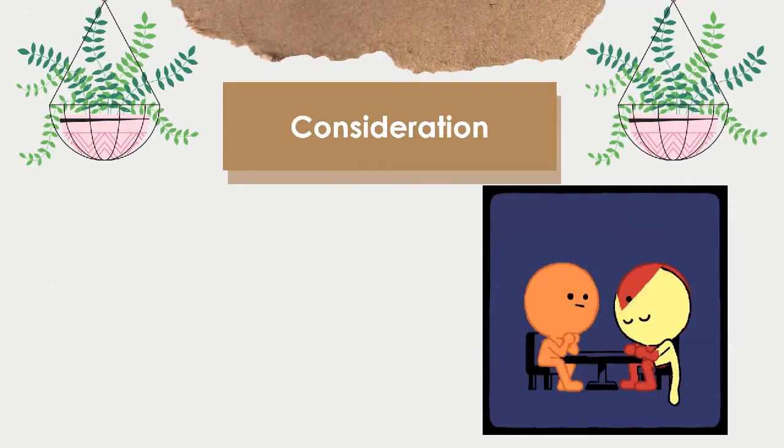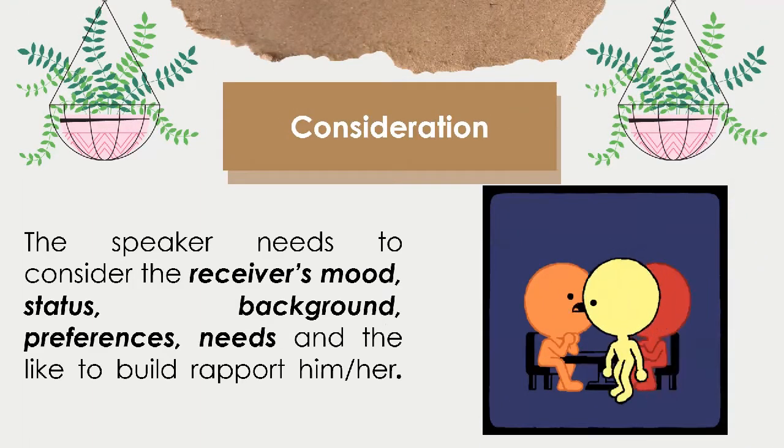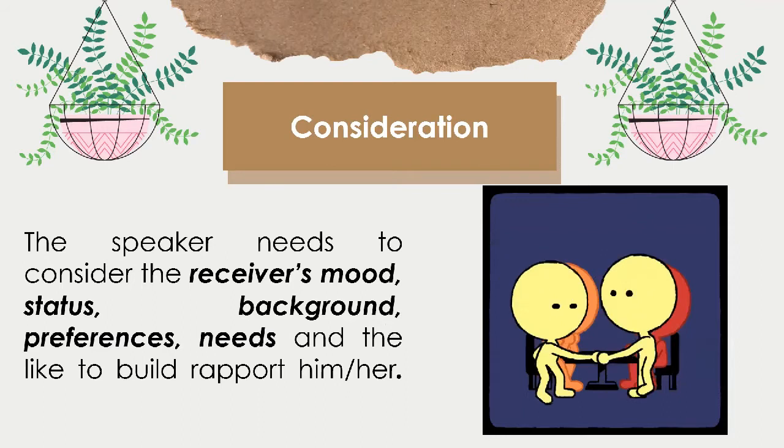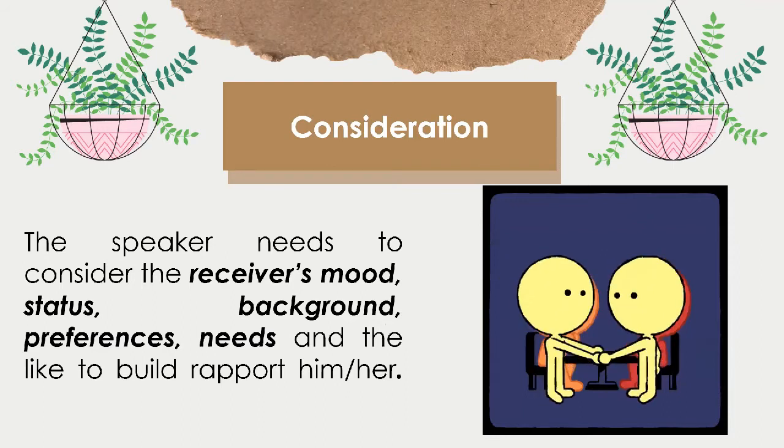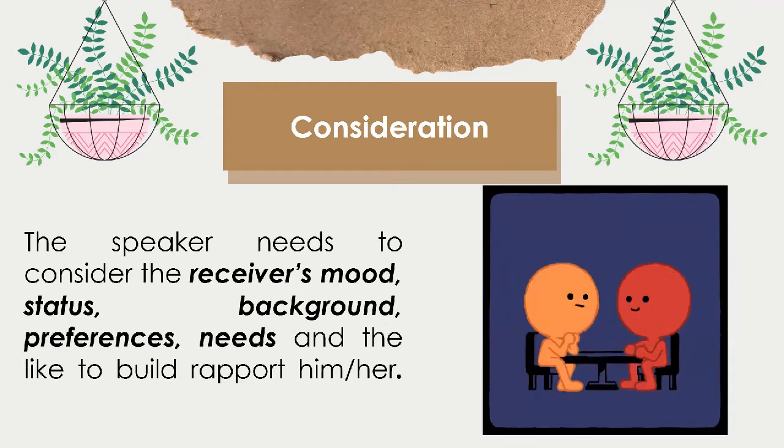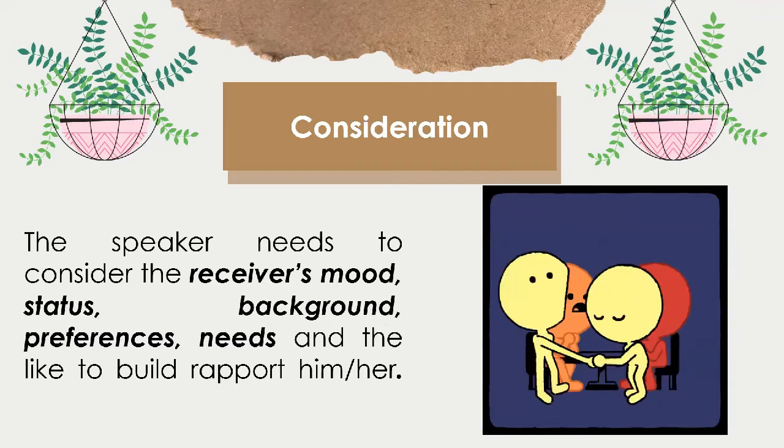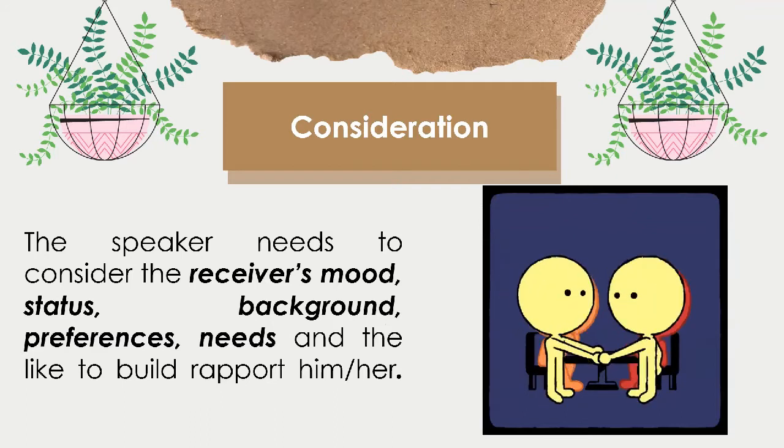The next C is consideration. The speaker needs to consider the receiver's mood, status, background, preferences, and needs. One function of communication is to deepen relationships with other people. This is possible when a person considers another person's background.